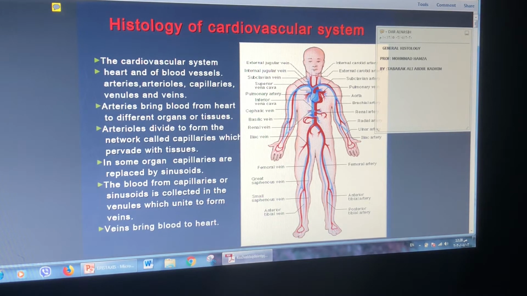In some organs, capillaries are replaced by sinusoids. The blood from capillaries or sinusoids is collected in the venules, which unite to form veins. Veins bring blood to the heart.